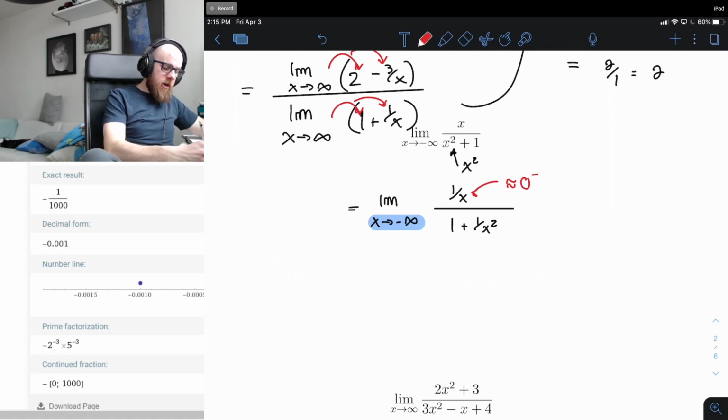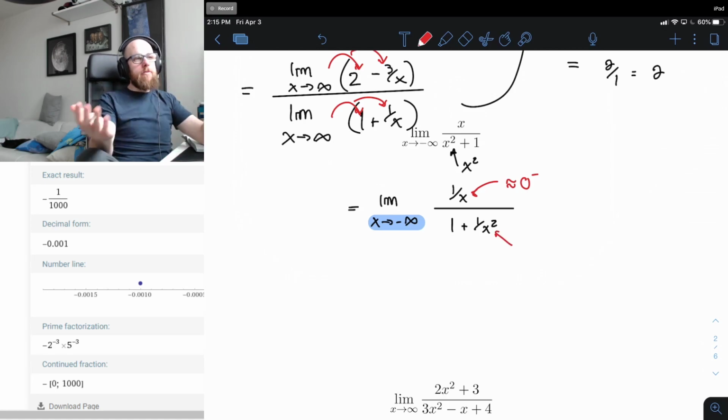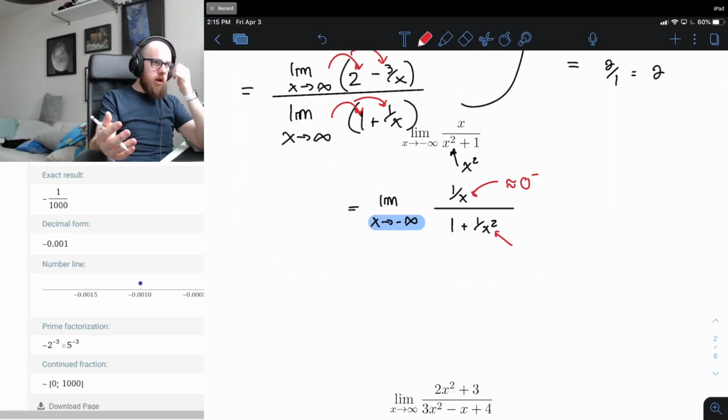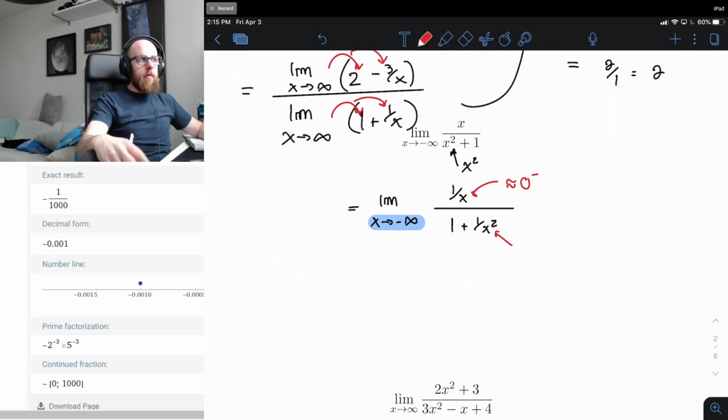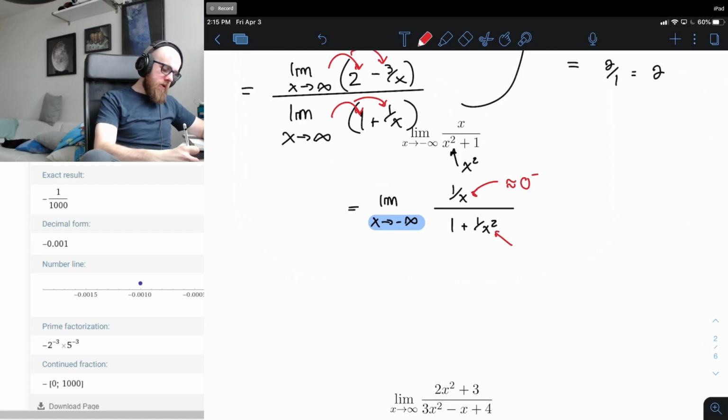And similarly, if we plug in a negative number into 1 over x squared, well, the square just gets rid of the fact that it's negative, right? So we're really just getting 1 over a big number, which is going to be 0, but slightly positive still. So this thing is approximately 0, but still positive, okay?